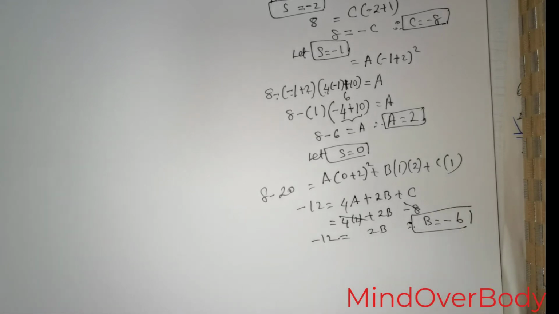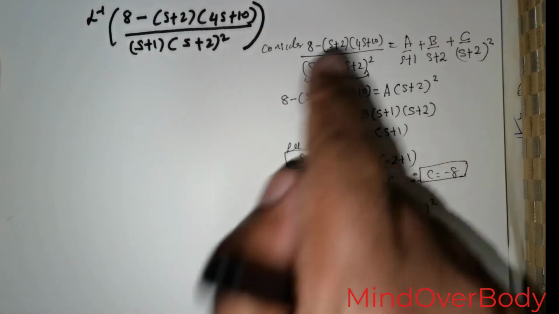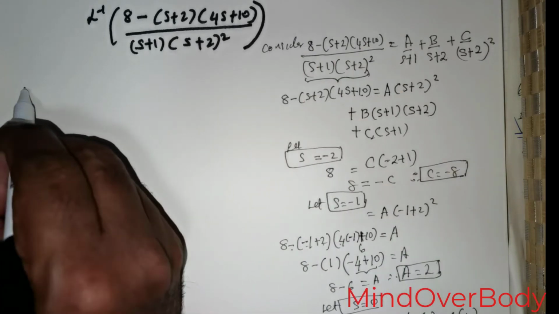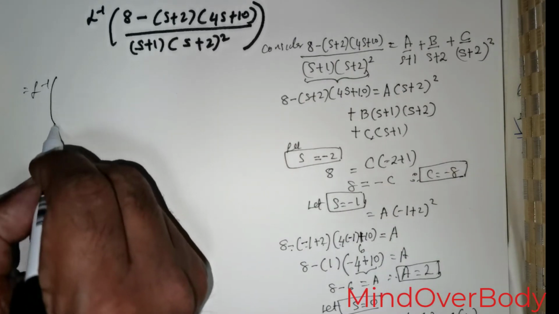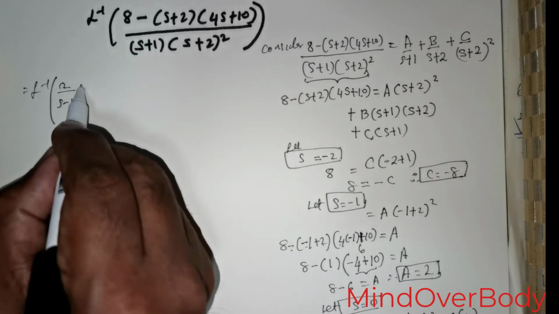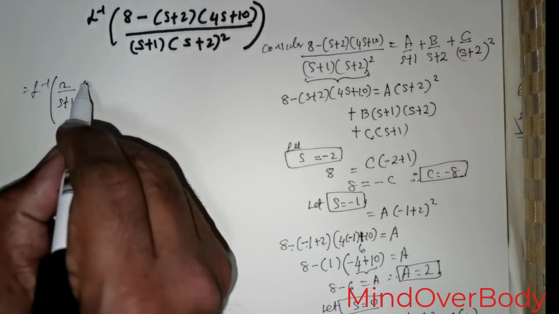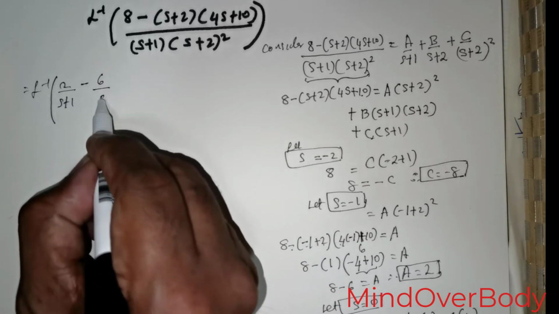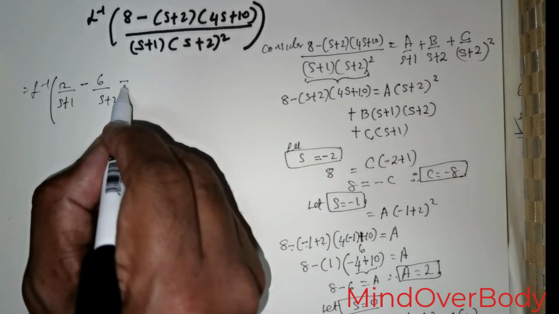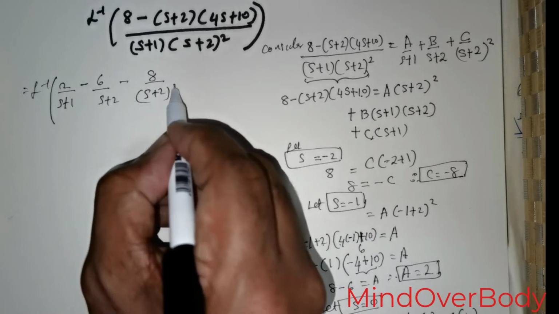So what I need to do is take all of these values and substitute them here instead of this. So this can be rewritten as L inverse of my A, which is 2 over (S minus 1), (S plus 1). My B is negative 6 divided by (S plus 2), and my C is negative 8, so 8 over (S plus 2) raised to the power of 2.